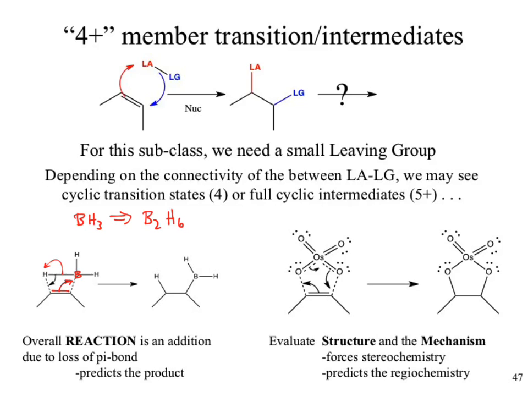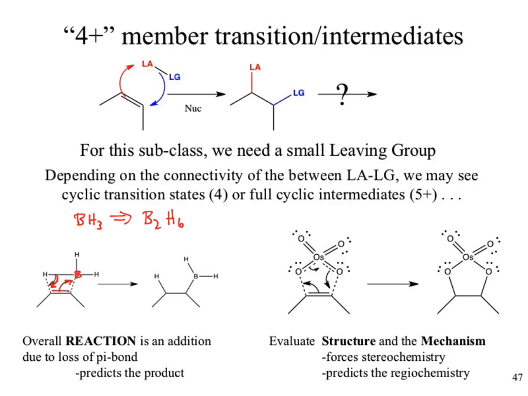That leaving group would then be hydride, H-. Is that stable? No. It is too small and too low in electronegativity to actually stabilize that negative charge. So instead of going out into solution and free floating around, those electrons immediately swing in to attack the other end of our pi bond.